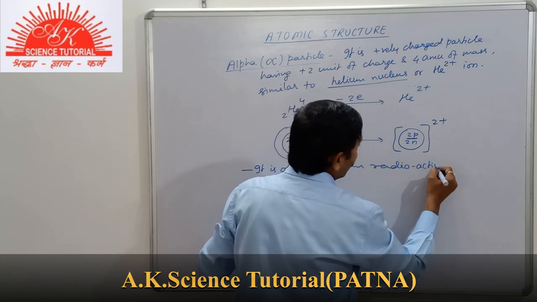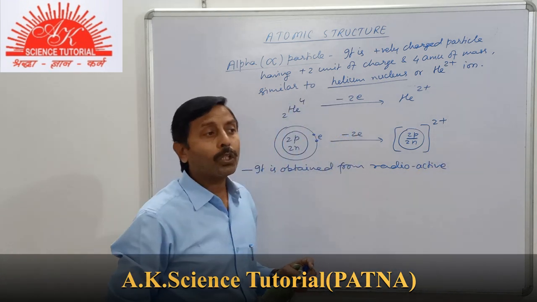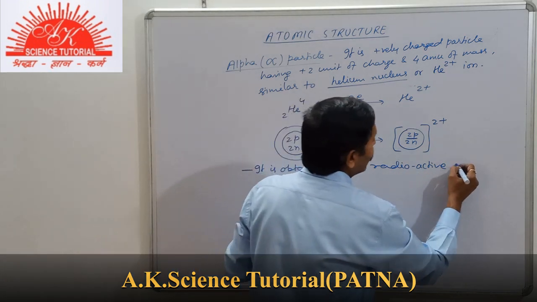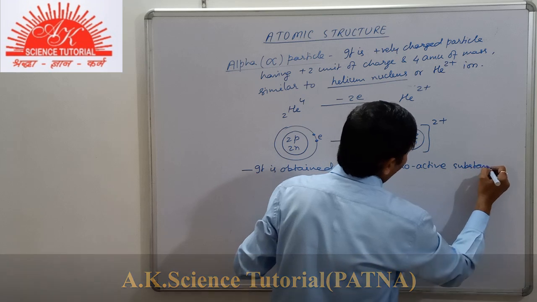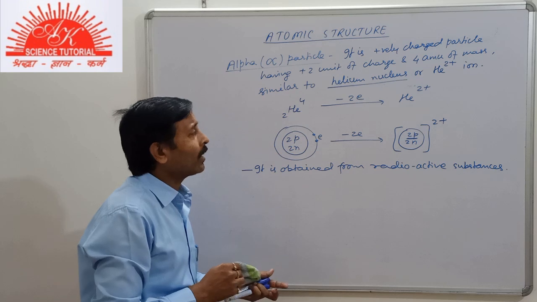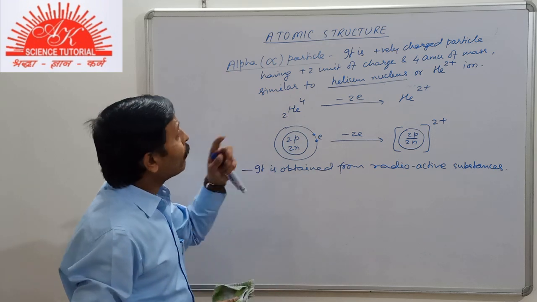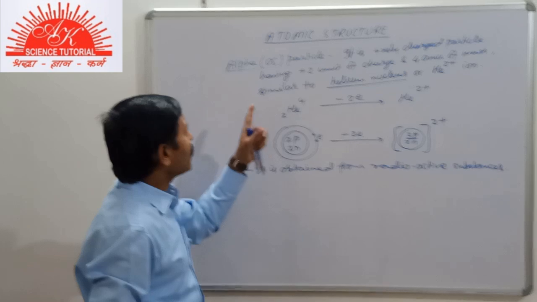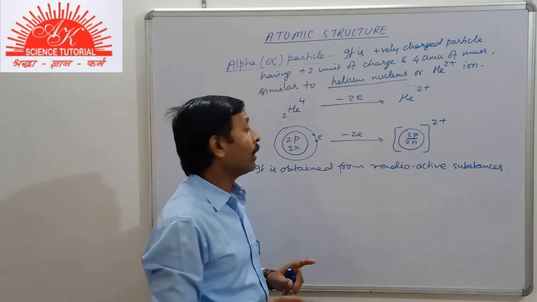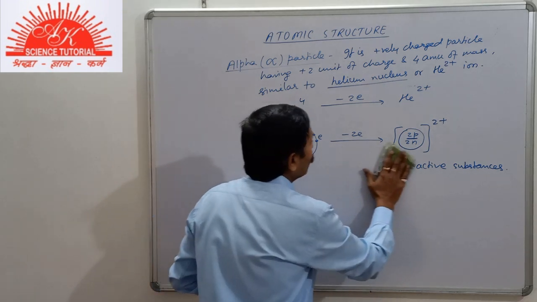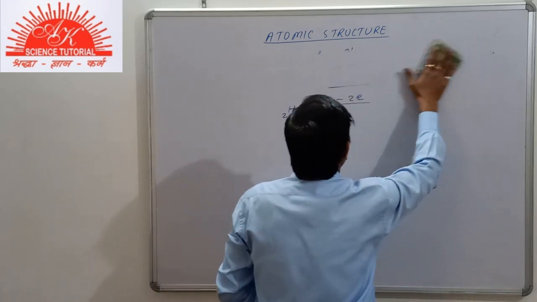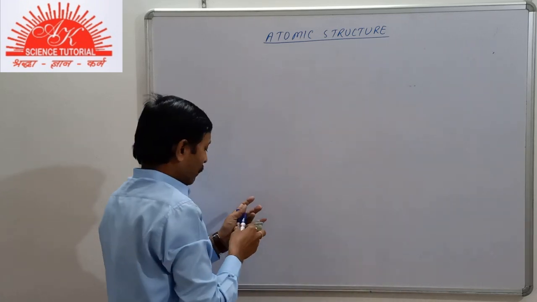So if it is asked what is the source of alpha particle, then we say radioactive substances. So students, before starting with the alpha scattering experiment given by Rutherford, we have explained the alpha particle. Now let us start with Rutherford's nuclear model or Rutherford's alpha scattering experiment.